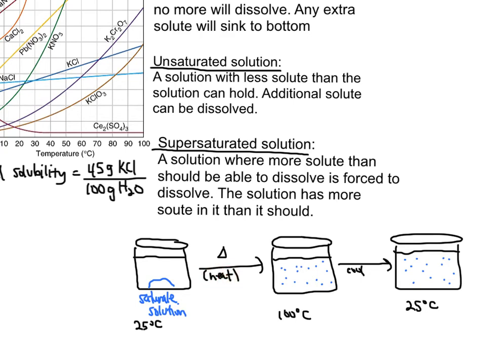Then you heat it up, and that causes that extra undissolved solute to dissolve into the solution because you're at a higher temperature. And then you cool it slowly so that it maintains the solute that it shouldn't. So remember, at 25 degrees Celsius, you should have that extra solute at the bottom, but because you supersaturated it, it stays dissolved.